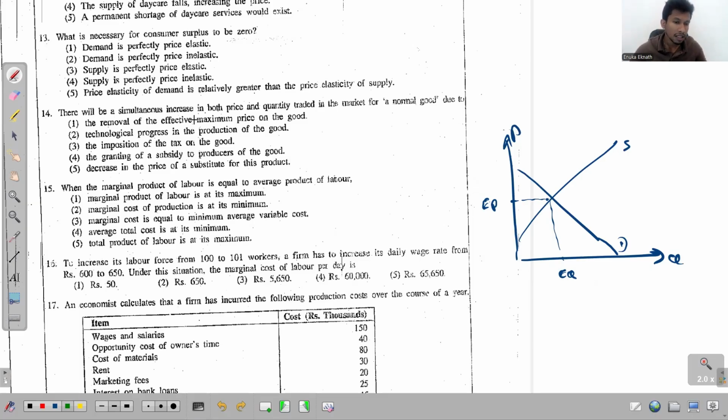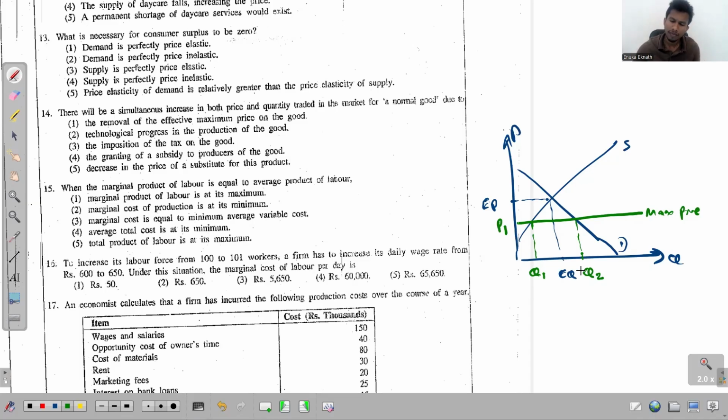So what has happened in the market now, the government has imposed an effective maximum price. So when this effective maximum price is imposed, the market price decreases from EP to P1 and the quantity supplied decreases from EQ to Q1 and the quantity demanded increases from EQ to Q2.